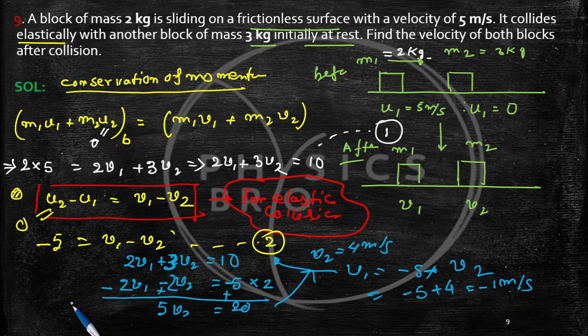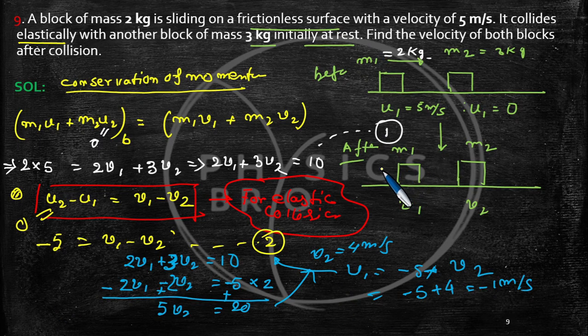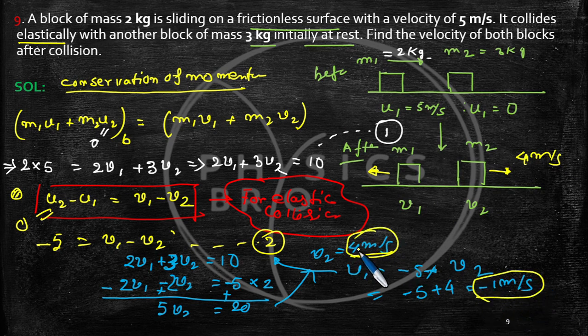What it tells is that the first block will rebound, with v1 equal to minus 1, that means reverse direction. And m2 was at rest, but it will move with 4 meter per second. So the answers are 4 meter per second and minus 1 meter per second.